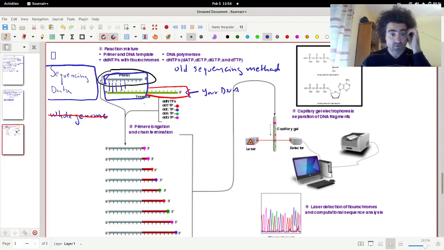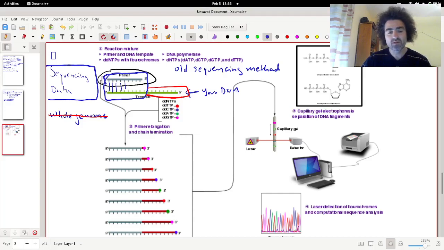Okay, so how you do it is that you synthesize this part de novo, but instead of using nucleotides you use ddNTPs. ddNTPs are modified nucleotides, adenine, cytosine, thymine and guanine, but since they are modified they cannot be elongated.